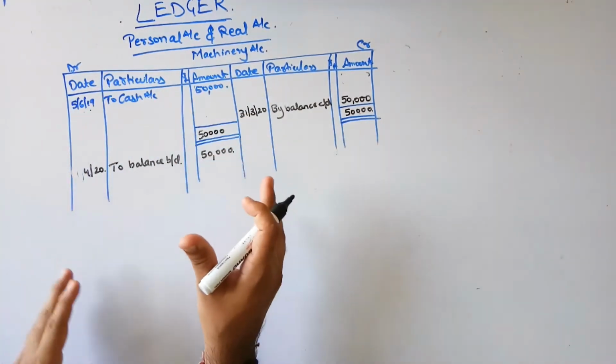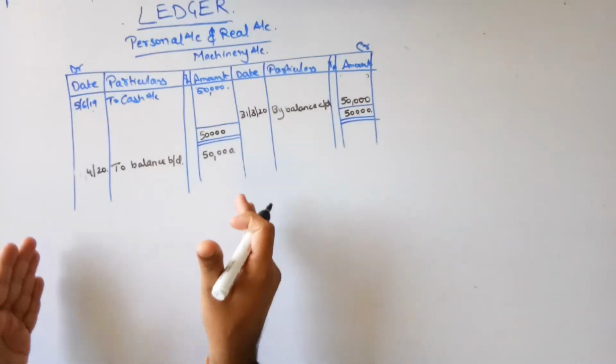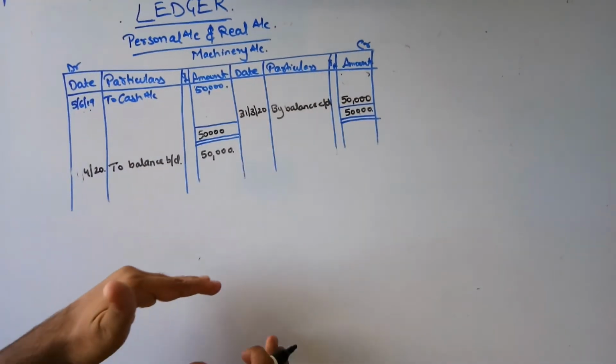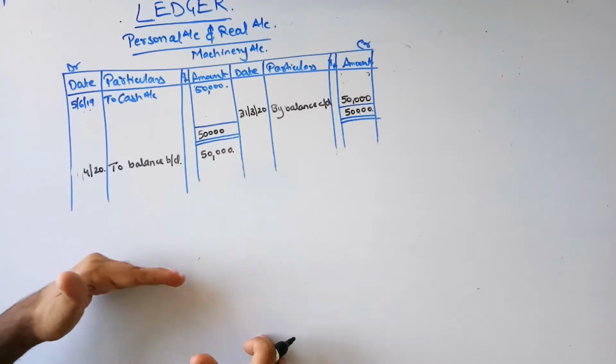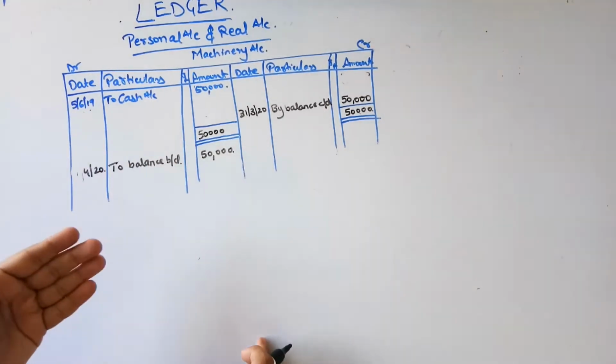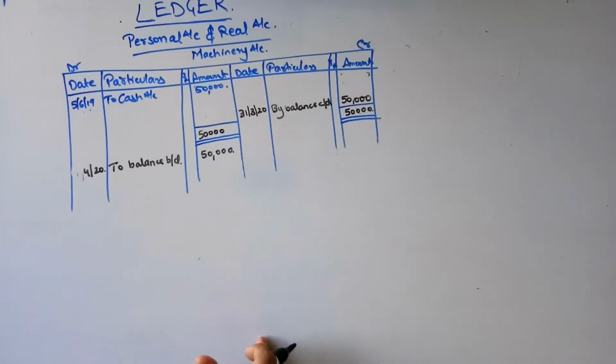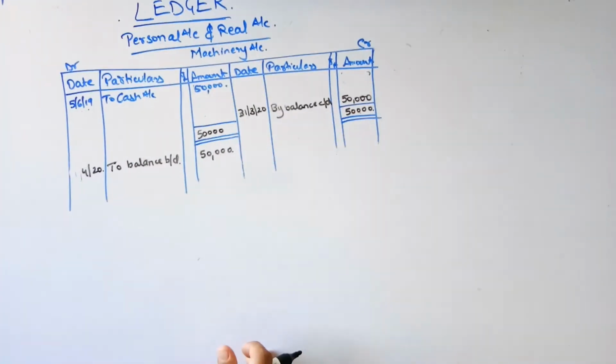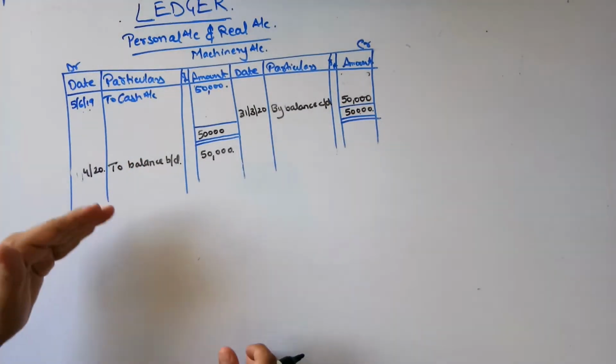In the book where you are drawing, if you have an A4 book, take half the page. On half the page you make one particular account, and on the other half page you make another ledger account. So on every page you will have at least two ledger accounts.